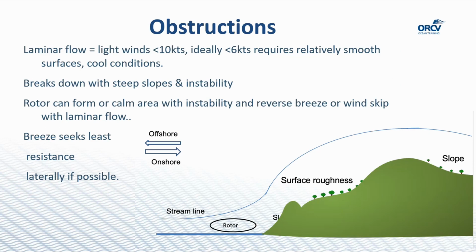If you've got lighter winds, stable air without heating, so we're talking back to about 8 knots of breeze and less, then the air will pile up against a hill until it can lift above or push.